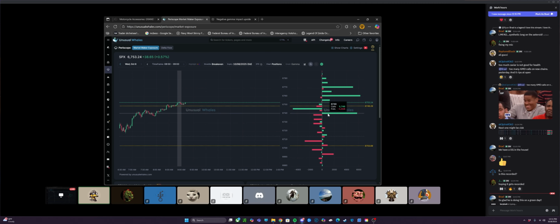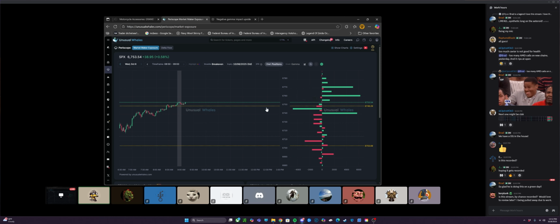They are long calls at 67.40. Short puts here at 67.45 as well. So what this does is it tells you the actual positioning that goes with the Greeks, which are a representation of either gamma, Vanna, or charm. And we'll talk about the Greeks here pretty much right now.